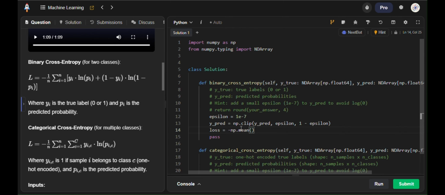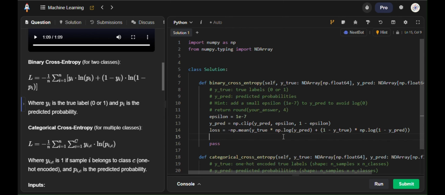Now we just have to write what's inside it, following the formula: yTrue times np.log of ypred, plus 1 minus yTrue times np.log of 1 minus ypred. So this is our binary cross-entropy loss calculated.